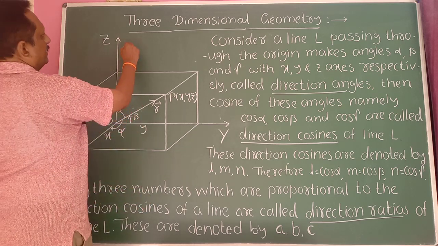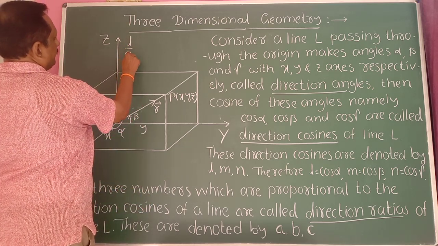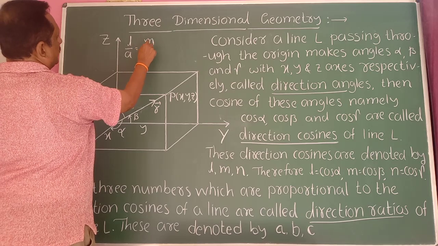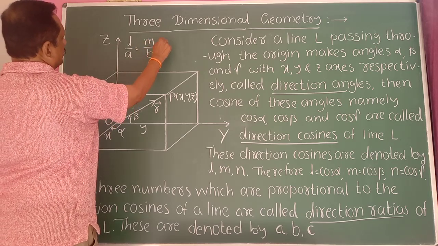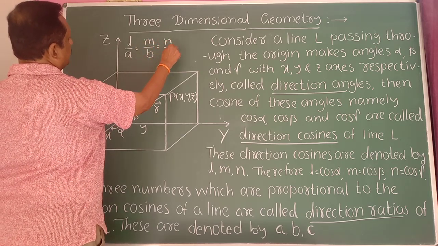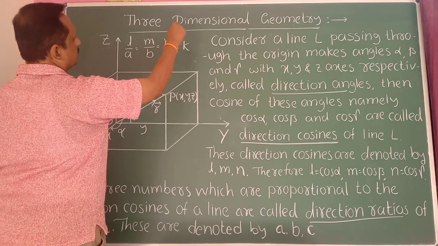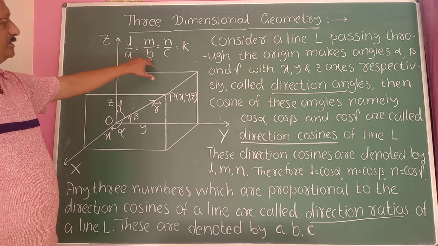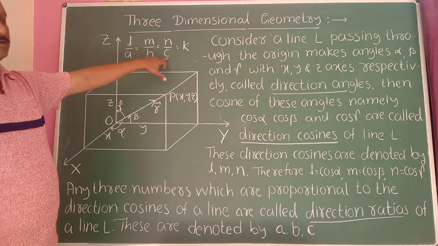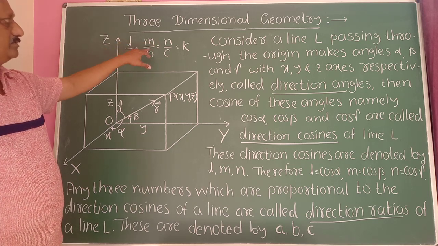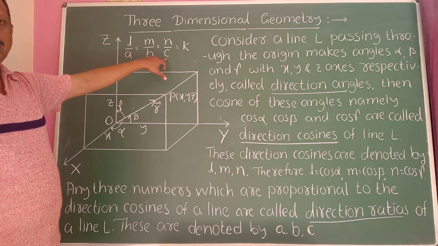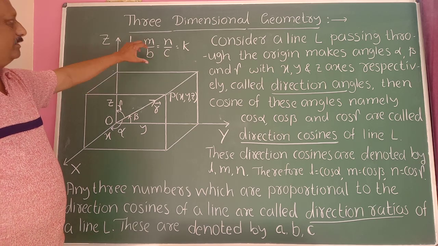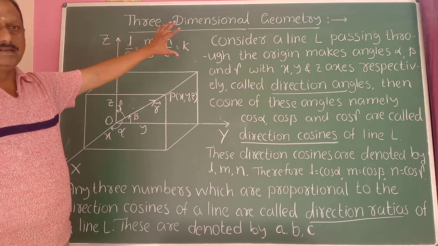Therefore, l divided by a is equal to m divided by b is equal to n divided by c is equal to some constant k. In that case, a, b, c are called direction ratios. l, m, n are the direction cosines, a, b, c are direction ratios, and they are proportional to the direction cosines.